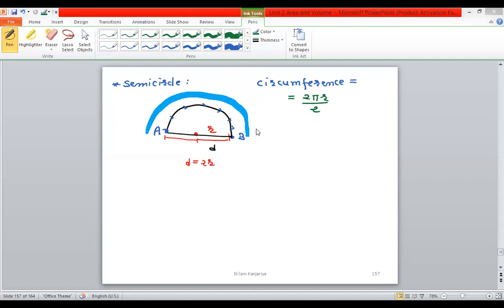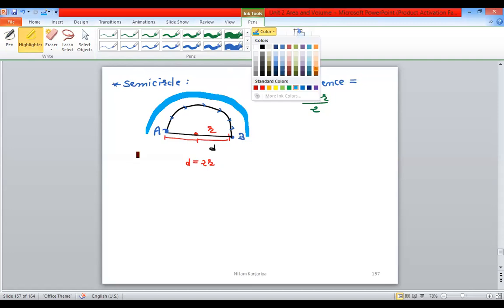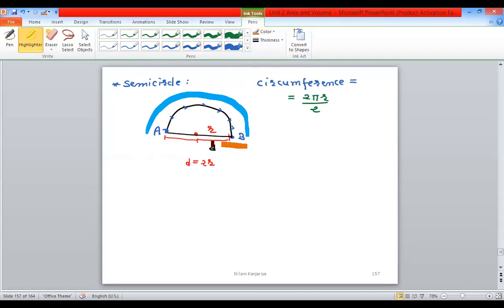Now the next, I'm starting from A and reach here B, but circumference means the total full distance. Again I want to travel from B to A. So this distance B to A, I'm moving from B and reach A. This distance is also added, and this distance is d, and d is equal to 2r.